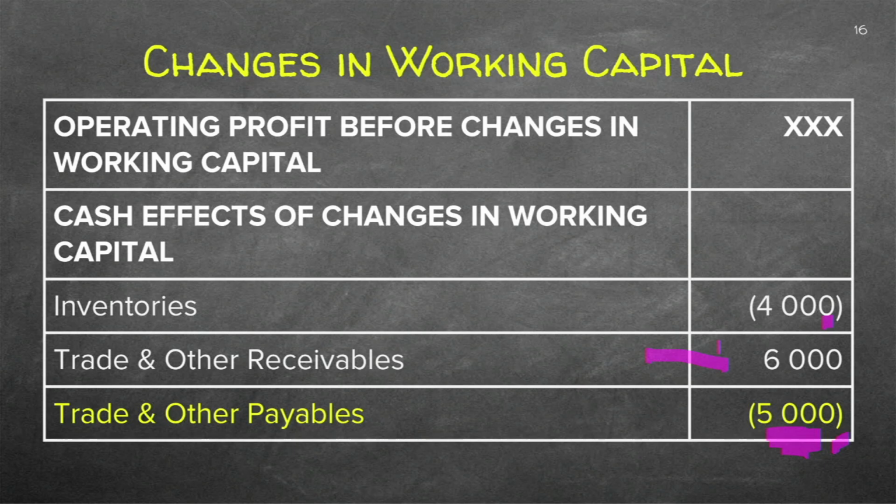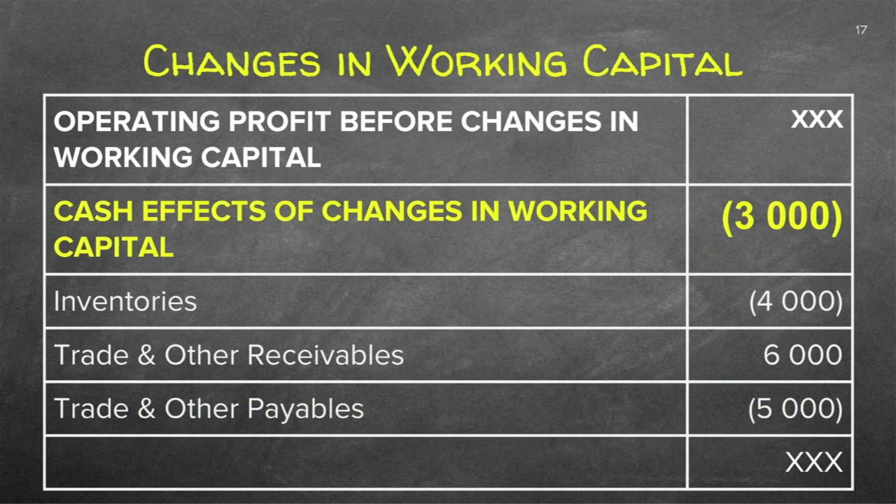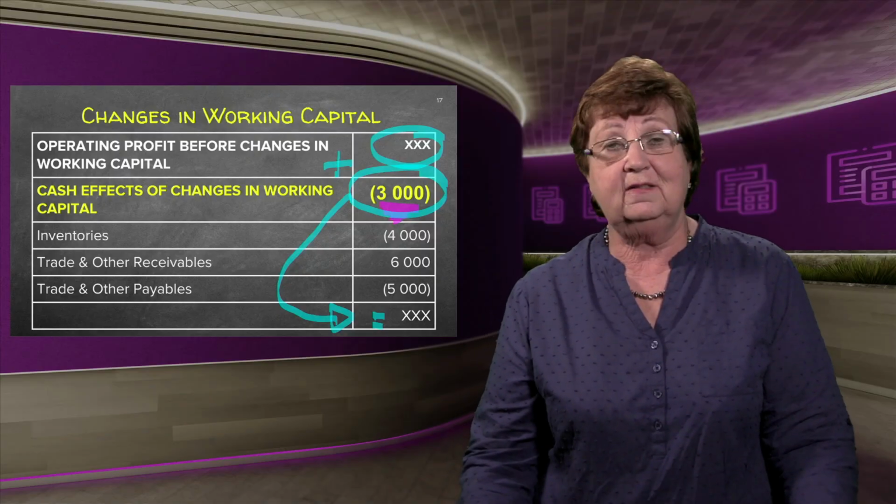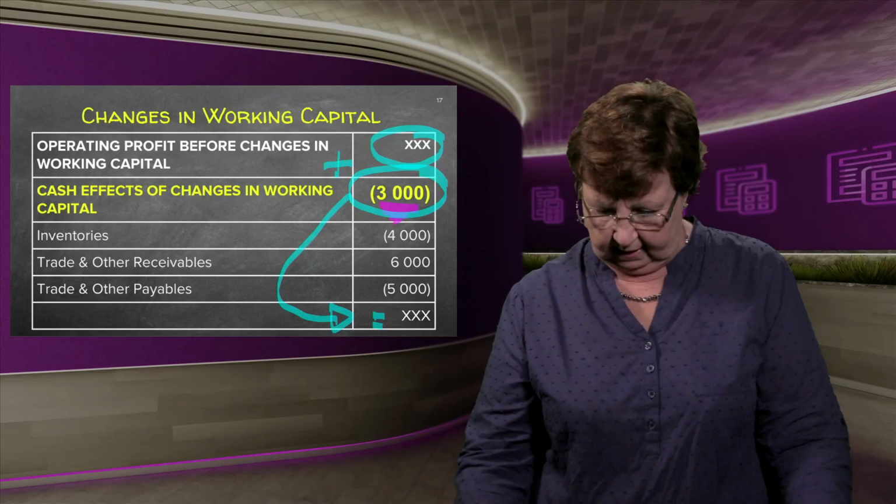However, 6,000 came in. And so that would give me a net change in working capital of 3,000 Rand. The next step that I would do is I would take that amount plus that amount. So if I add those two amounts, it's going to give me the answer over here. And so I have now done a reconciliation.